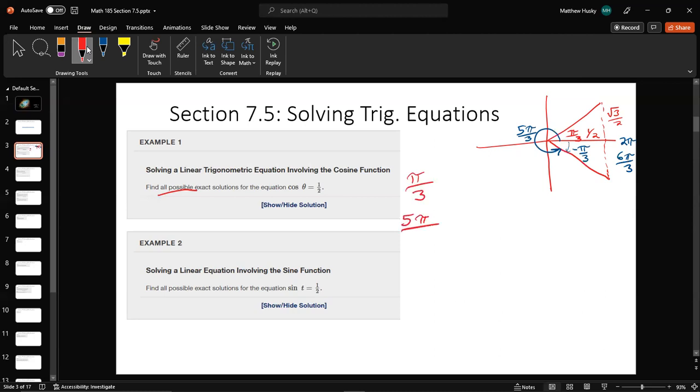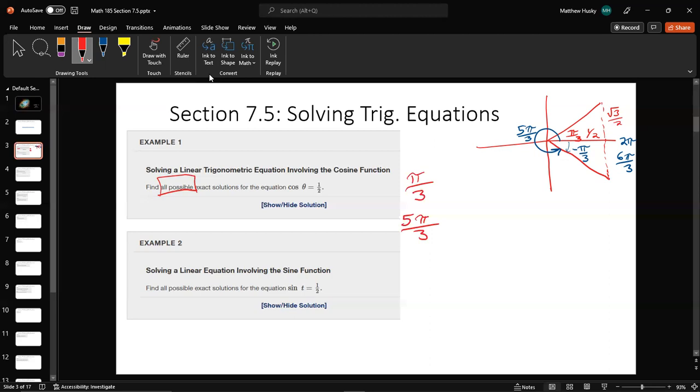Now, they do tell us find all possible solutions. That is a crucial point because, fun fact, each time you spin around the circle an additional time, you will still get a cosine of 1/2 if you keep spinning around and around the circle.